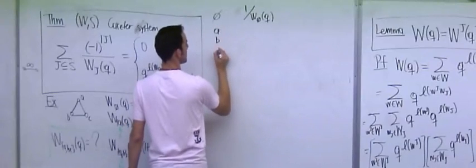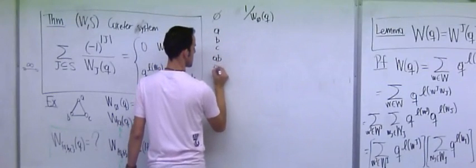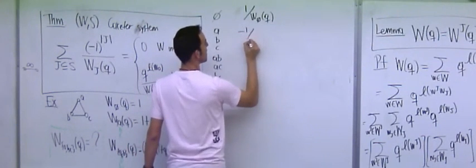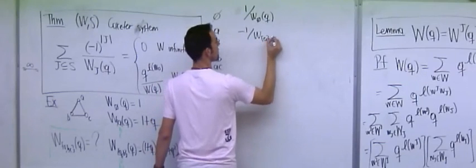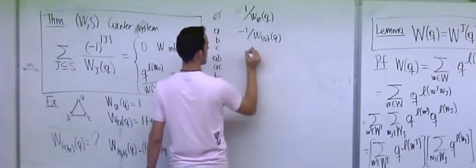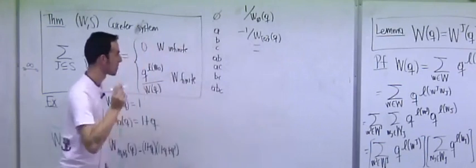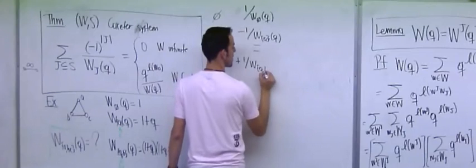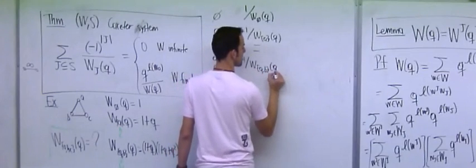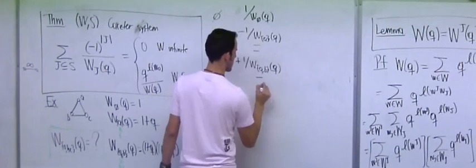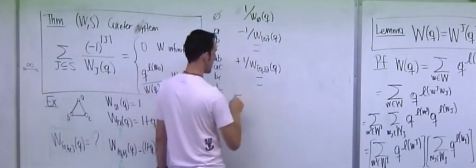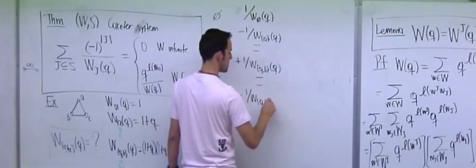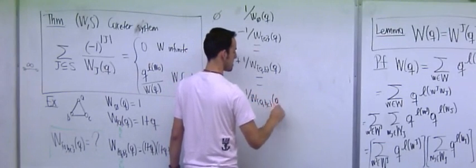A, B, C, A B, A C, B C, A B C. So for this one, I get minus 1 over W sub A of Q, and the same for B, and the same for C. Then I get plus 1 over W sub A comma B of Q, and the same for AC, same for BC. Then I get minus 1 over W sub ABC of Q.